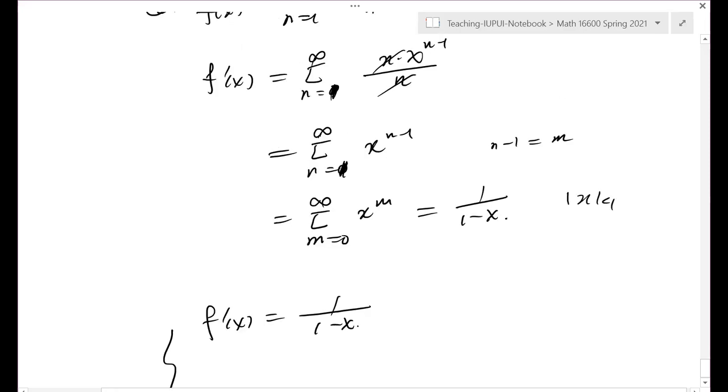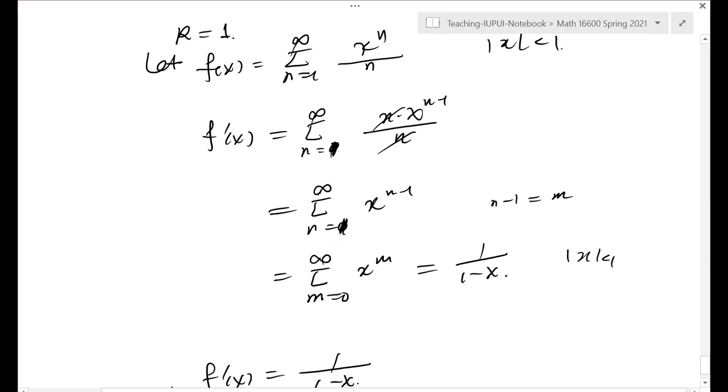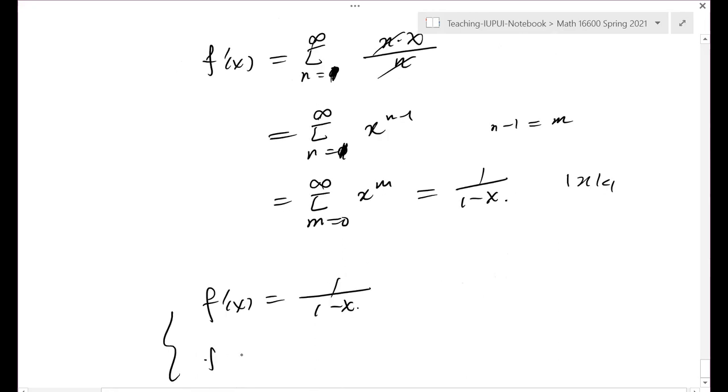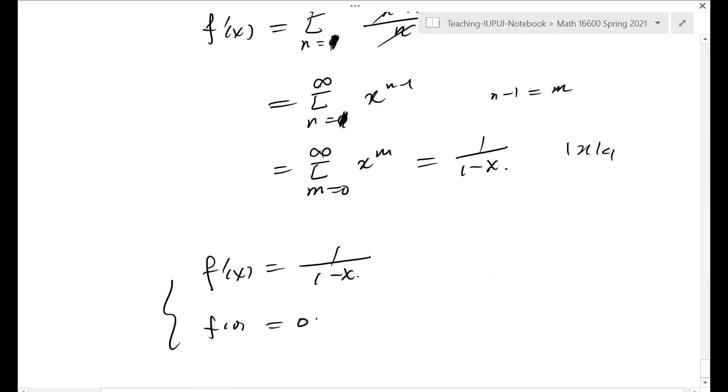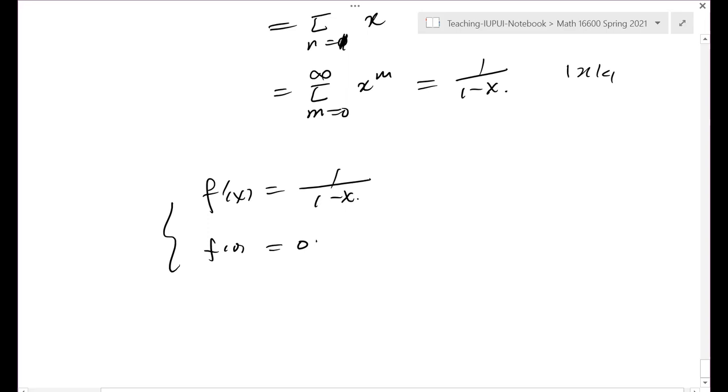Second condition, from the above expression, f of 0 is going to be 0. So we get an ordinary differential equation with the initial condition. Then you integrate on both sides.